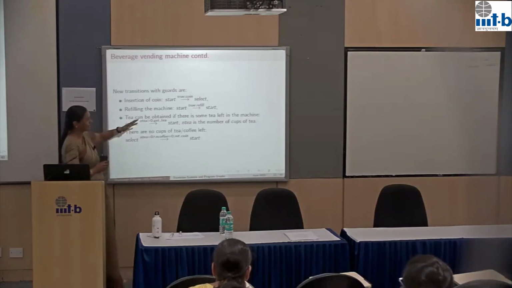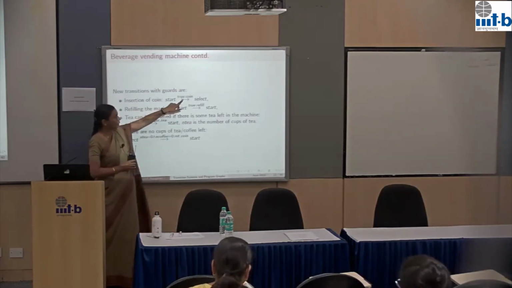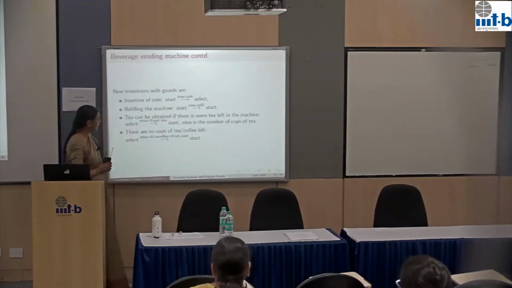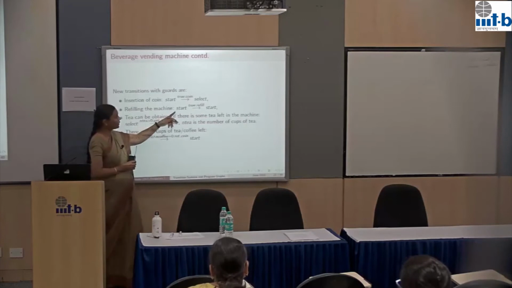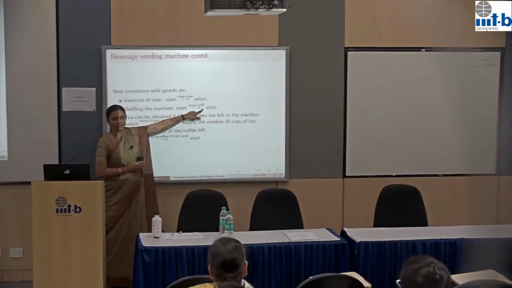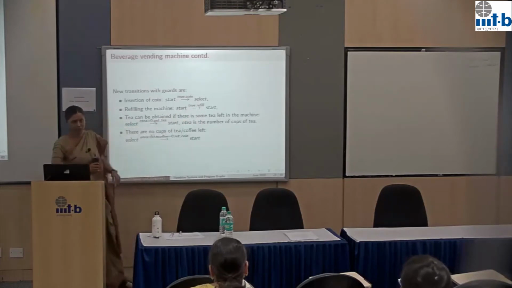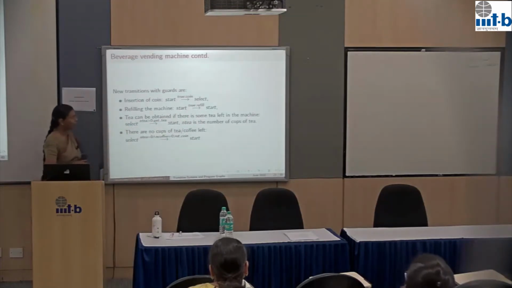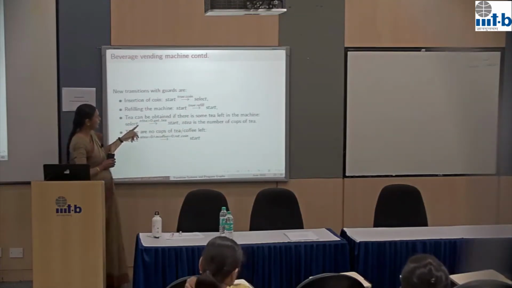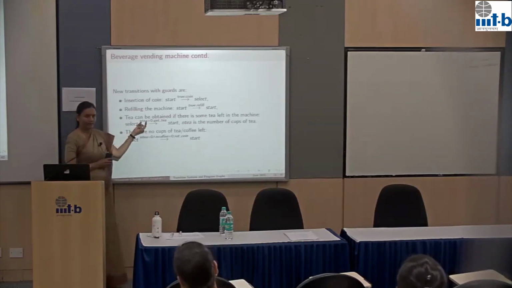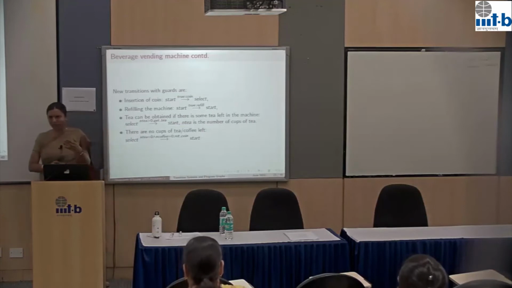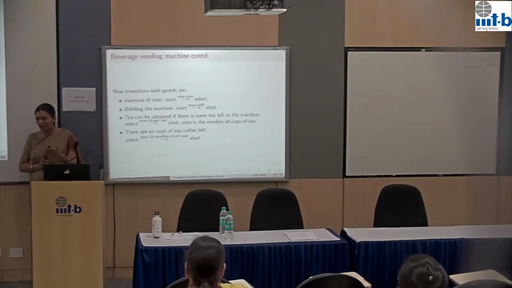So to start with, there's nothing. Nothing needs to be true, so a coin is inserted. And similarly, to start with, there could be no coffee or tea, so I could refill the machine, right? I could refill whatever ingredients there are for the machine. Then there could be a condition which counts the number of cups of tea left, call it NT, which is the number of cups of tea left in the machine to be delivered.